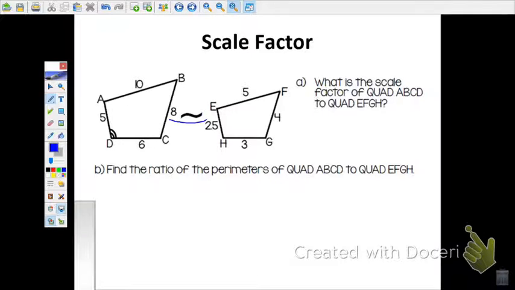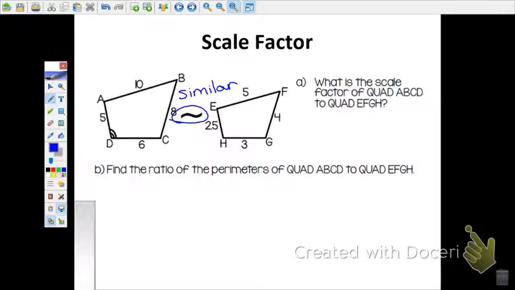And when you see this squiggle above an equal sign, that's congruent. When we see just that squiggle without the equal, it means similar. So I know these two quadrilaterals are similar, and I want to find the scale factor.